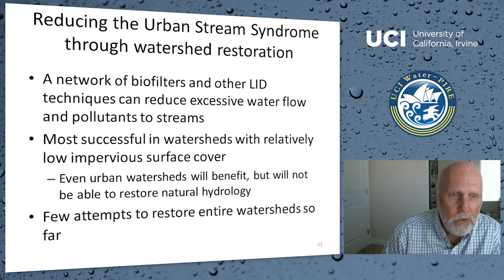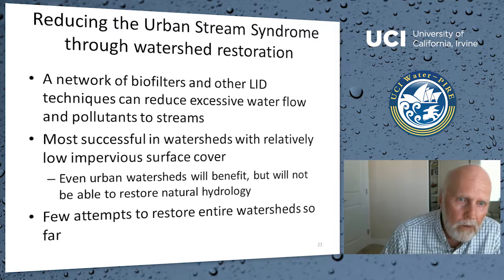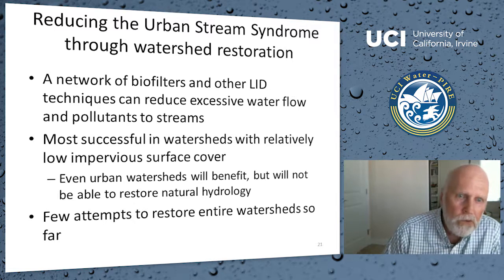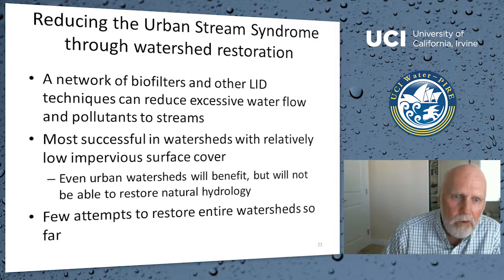That would be our aspiration, I think, where you can actually restore a watershed by a network of biofilters or other LID techniques that could reduce the excess water flow and pollutants to the streams and allow the stream fauna and flora to recover.